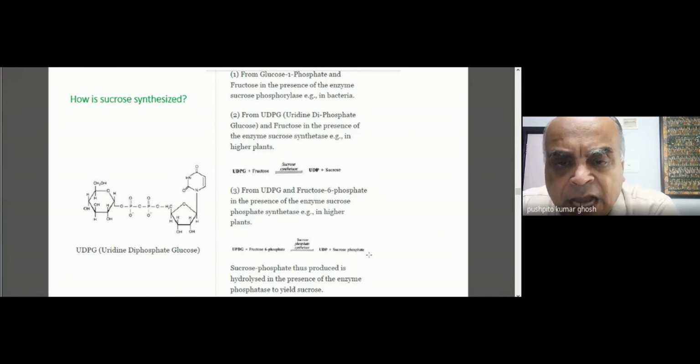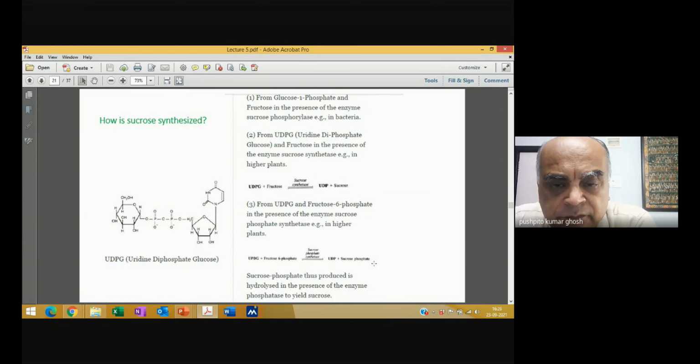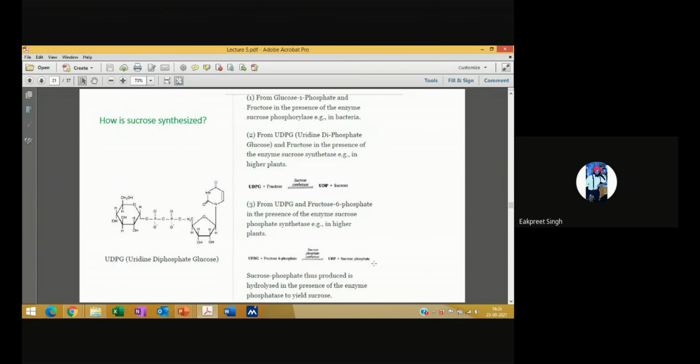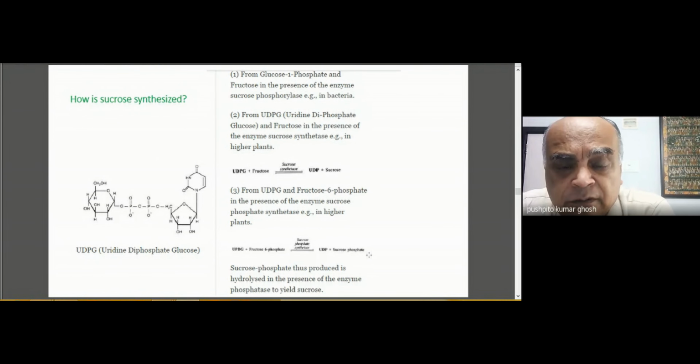Okay, now let us look at, because from the biomass point of view, sucrose, of course, as you know, is very, very important from the biofuel point of view. Where do we use it? Which biofuel do we get? Ethanol. Yeah, ethanol.